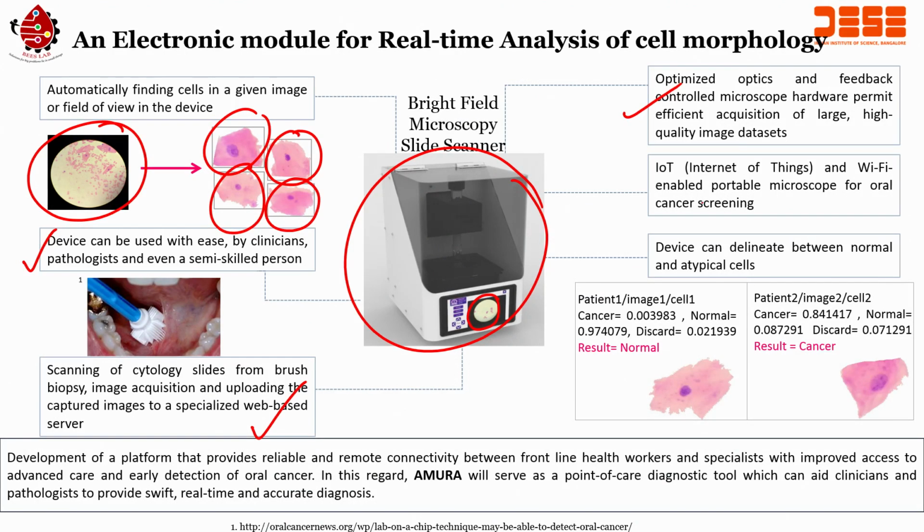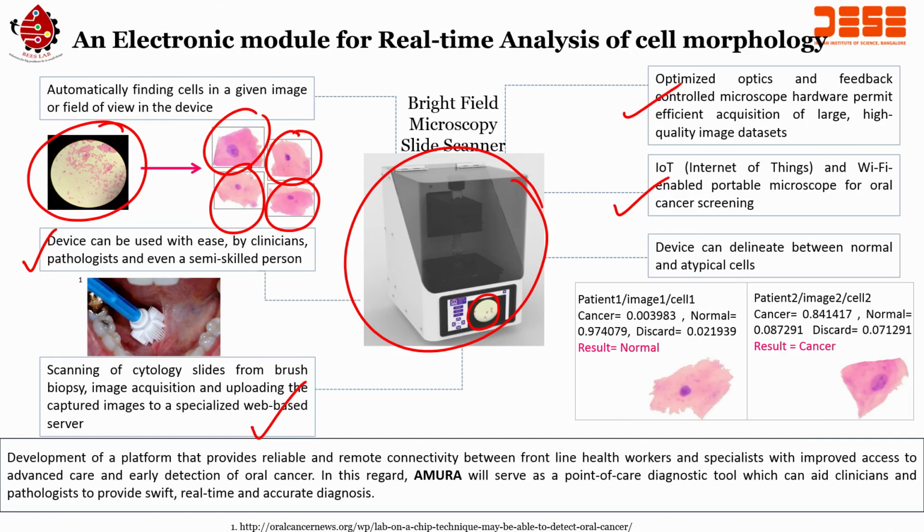Then we have Internet of Things, a Wi-Fi enabled portable microscope for oral cancer screening. IoT, why? Because we can transfer the data from the microscope to a remote pathologist, and finally the device can delineate between normal and atypical cells.